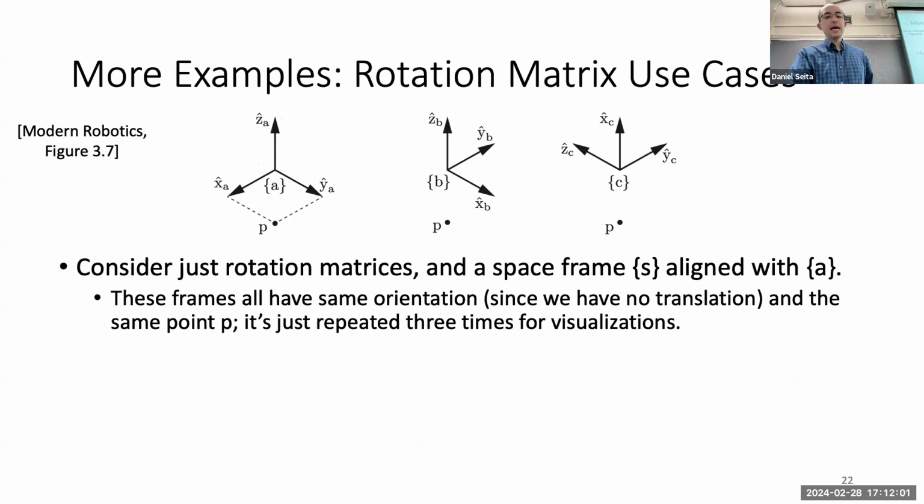So you can think of this as having these frames with, oh, sorry, this should all have the same position, not the orientation. So there's no translation, but they have the same origin. And then you have A, B, and C that coincide where A, B, and C are located. So they all have the same origin. And then you have the same point P, repeated 3 times along with the frame.